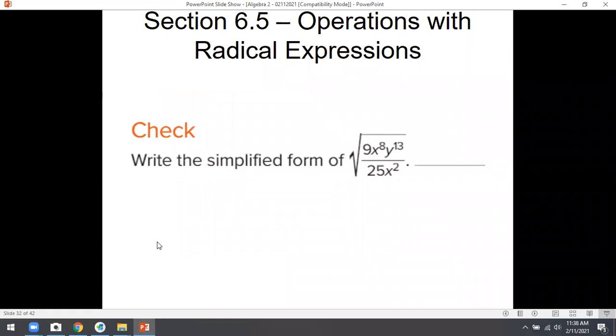That's the same idea. Let's practice one on your own. Write this down and try it. You try it. Give it a shot. Here it is. Write the simplified form of this. And then I'll put it on the board in a second, and we'll check and see if we got the same thing.